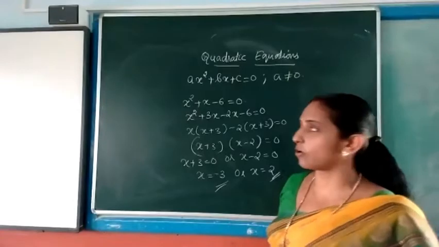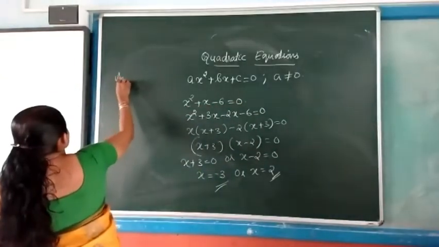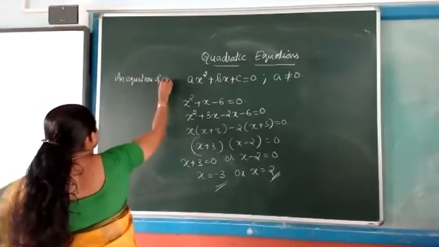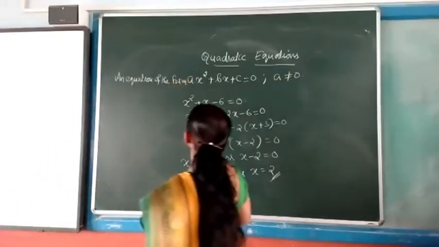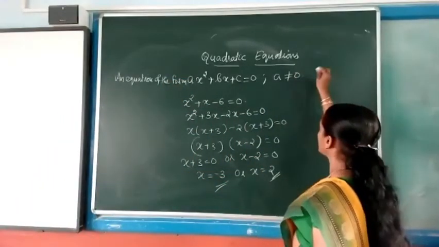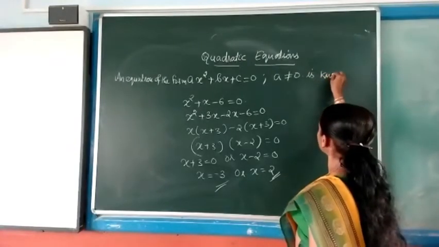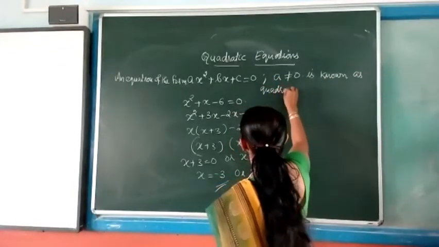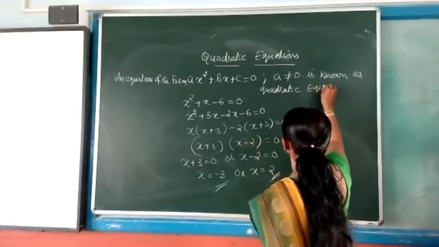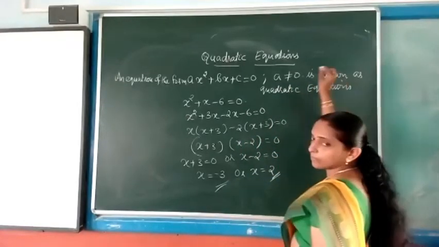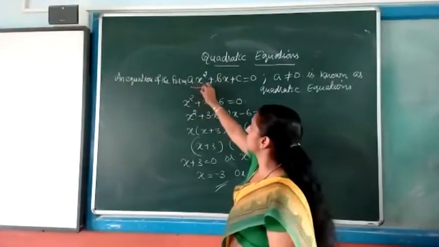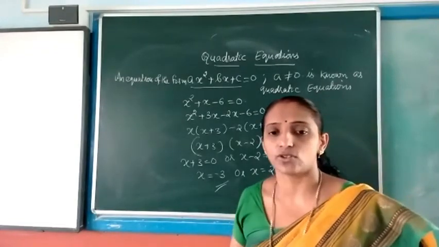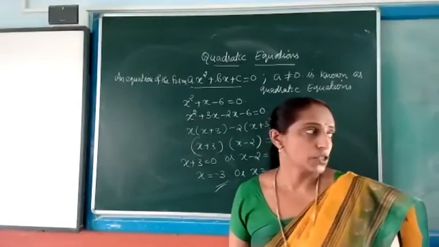Then write down: an equation of the form ax square plus bx plus c equal to 0, where a not equal to 0, is known as quadratic equations. This you underline, and this is your standard form that you have to study perfectly. What is the standard form of the equation? Ax square plus bx plus c equal to 0.